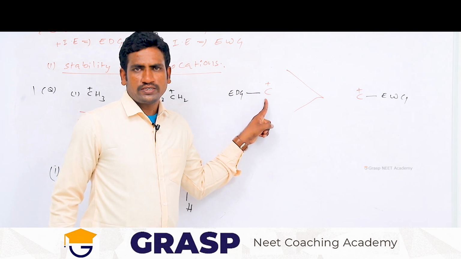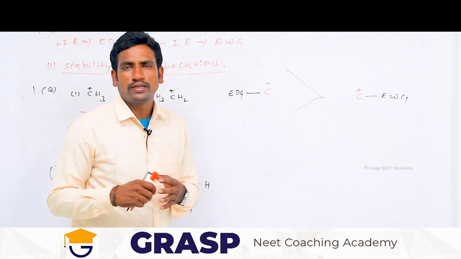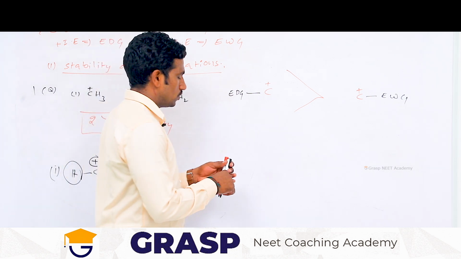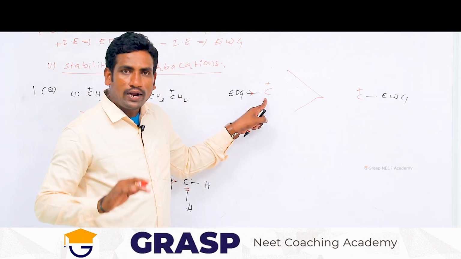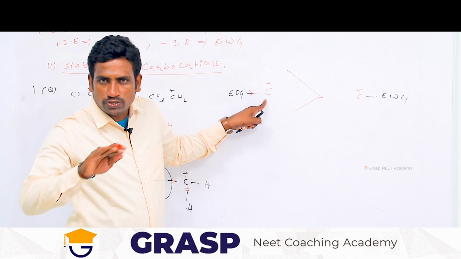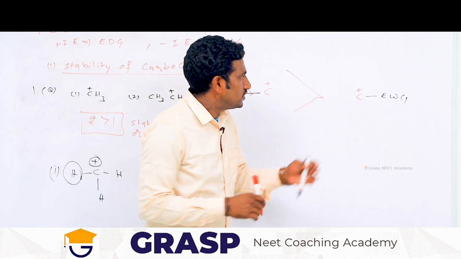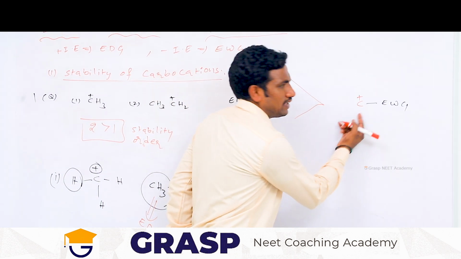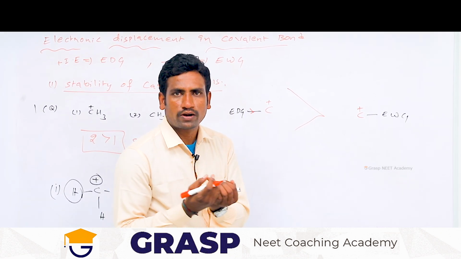It needs electrons. Here donors are there, donating the electrons. So ultimately this positive charge becomes neutral because of the donating groups. Here, with withdrawing groups, it still has electron deficiency, because the groups are withdrawing electrons.